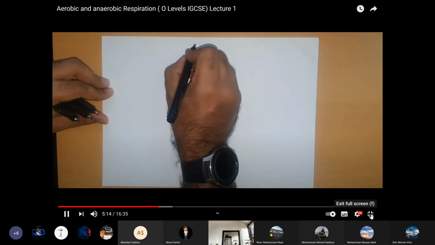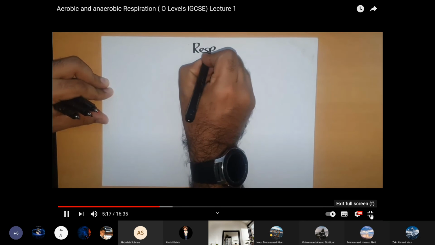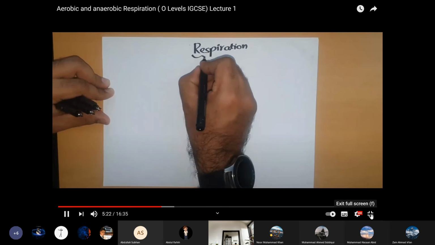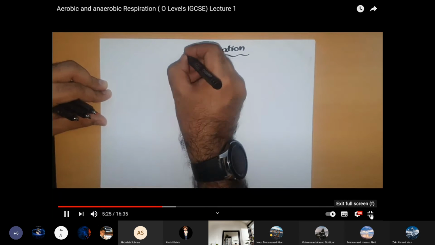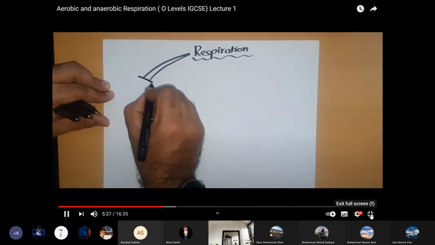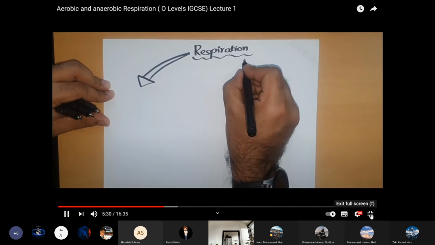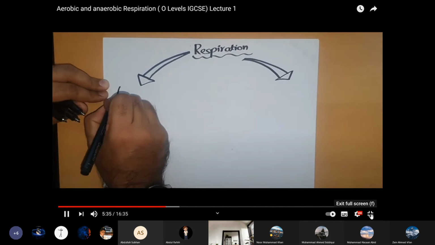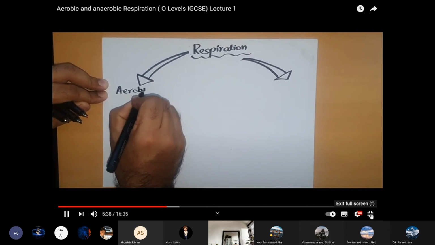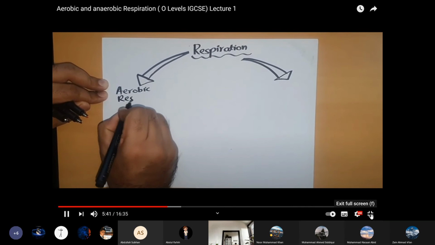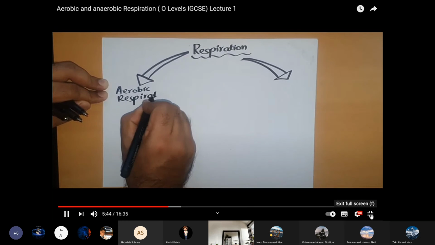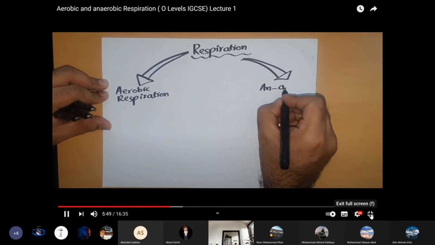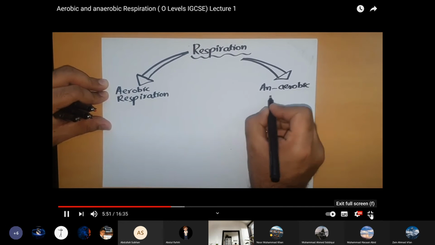Now, respiration is basically of two types. One type of respiration is called aerobic respiration, and the second type is called anaerobic respiration.